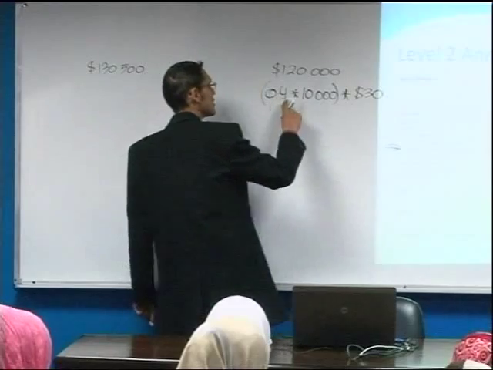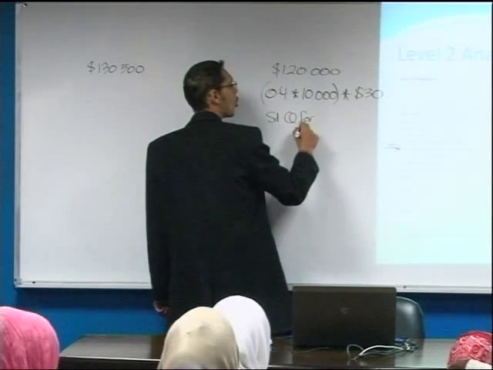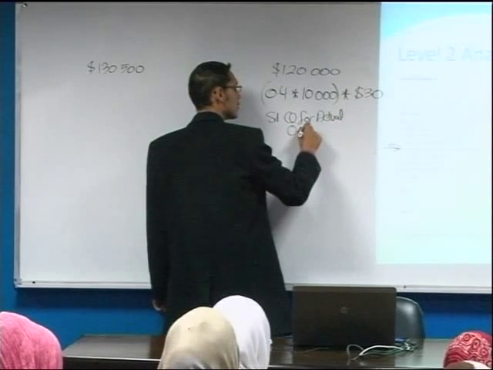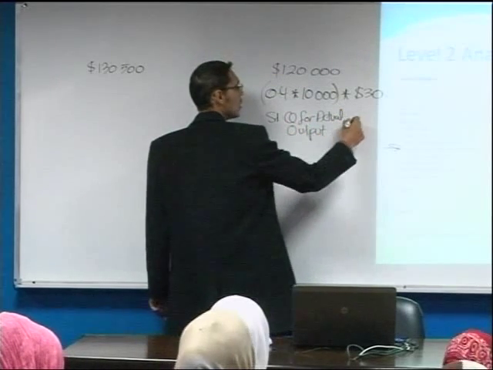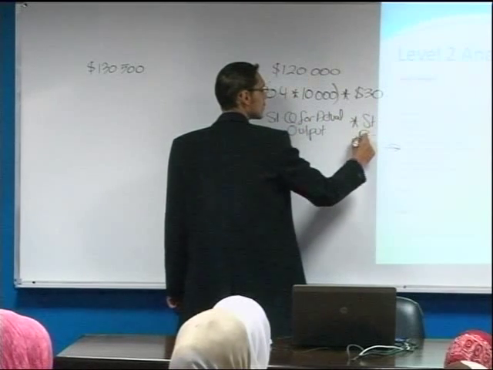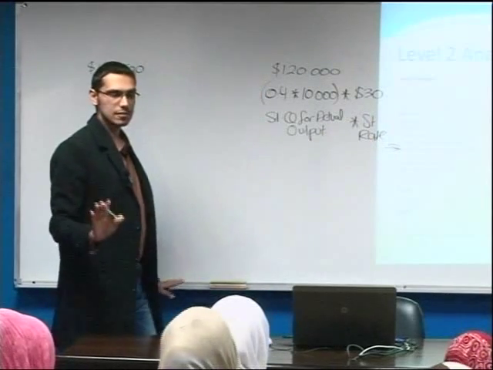Therefore, this is the standard quantity for actual output multiplied by the standard rate. Correct?